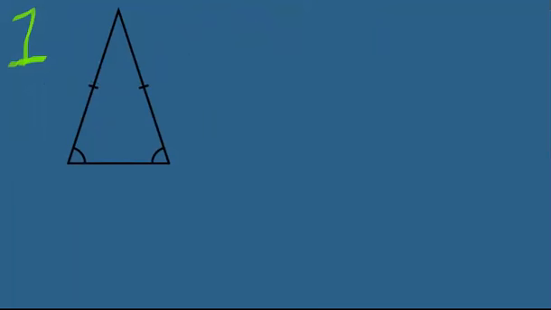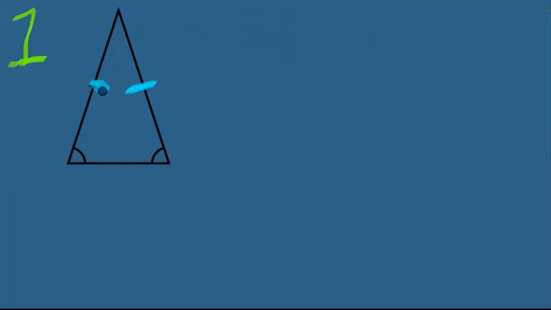And let's get a pen color. Okay, let's do blue. So an isosceles triangle has two equal sides, and you can identify that by these two lines here. So the question was, how do you identify an isosceles triangle? And the way to do that is just seeing if they have two lines here.